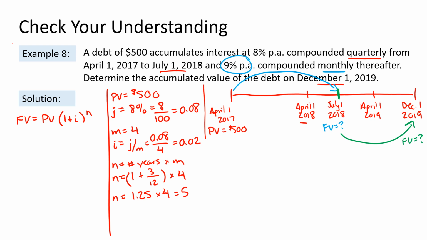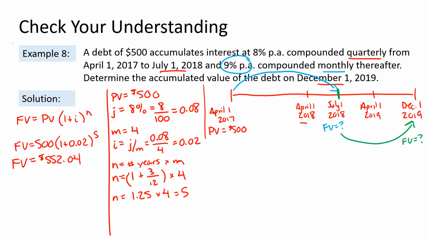Now we can find our first future value calculation. That future value is equal to our present value, $500, times 1 plus our periodic rate of interest, 0.02, raised to the exponent 5. Multiplying that out, our future value is $552.04.